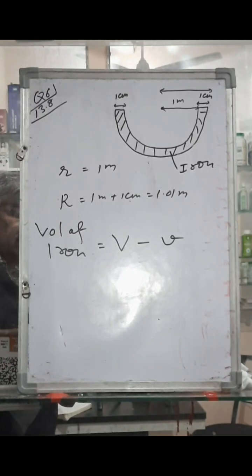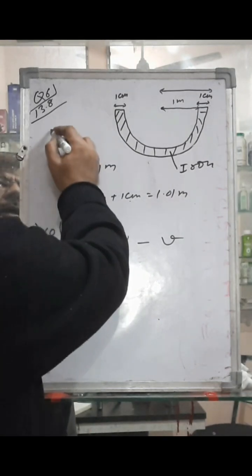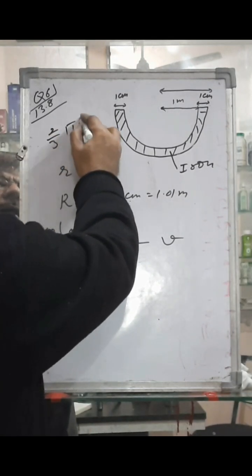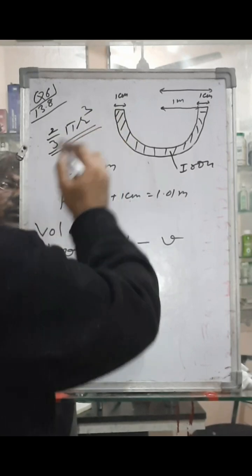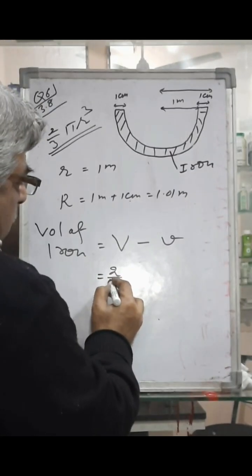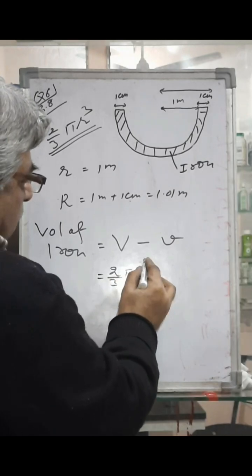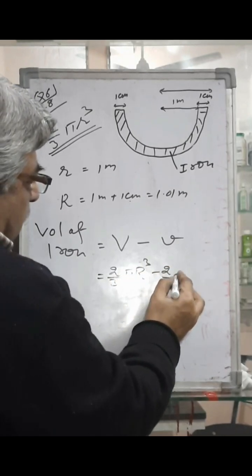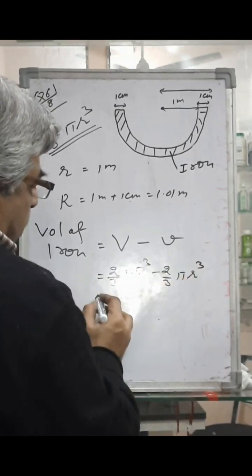And the formula for volume of a hemisphere is 2 by 3 pi r cube. So, writing the formula: 2 by 3 pi r cube minus 2 by 3 pi r cube.